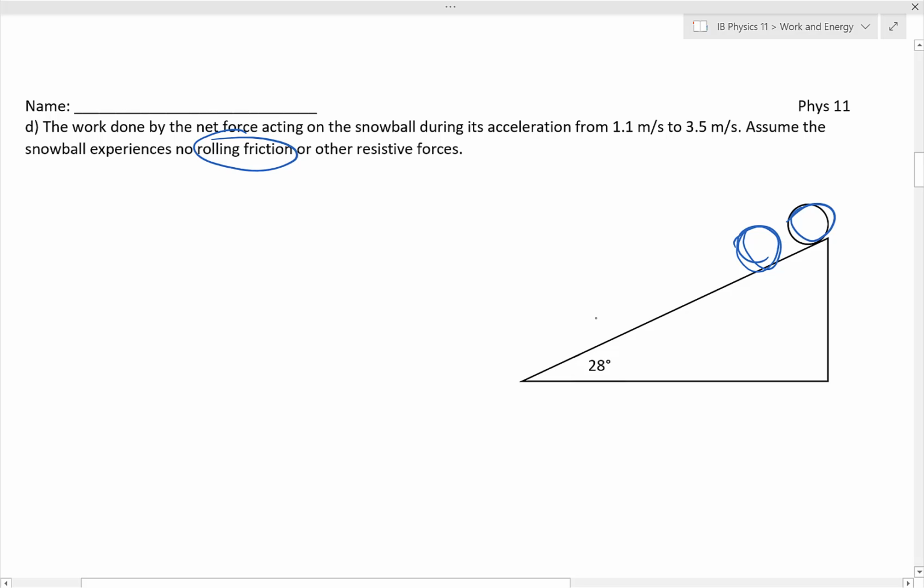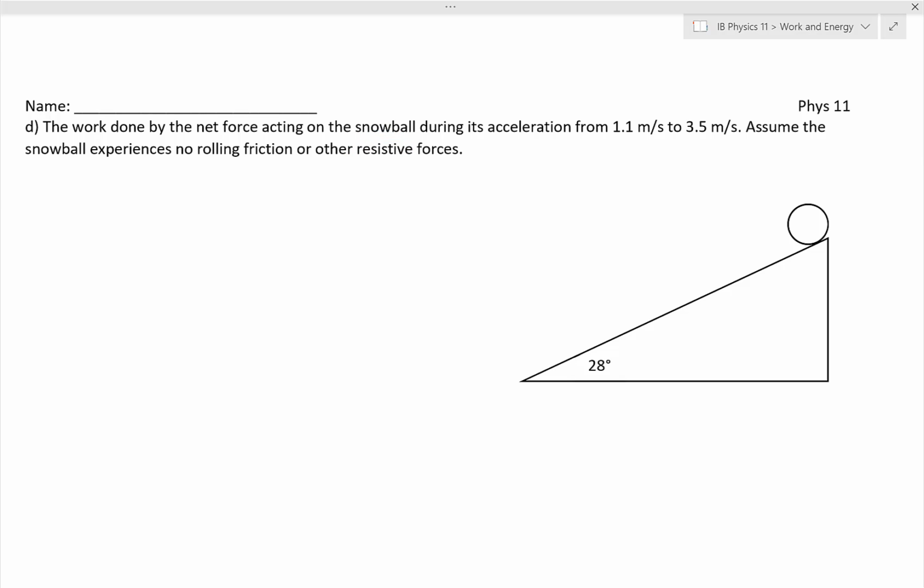It's kind of like when you are driving on an icy path and you don't want to skid. That's the same idea. You want your tires to be rolling and not sliding across the icy path. The rolling friction is associated with rolling, not sliding. So that's very important. In this case, we don't care about that because there are none of those friction forces or other resistive forces, but just in case you were wondering.